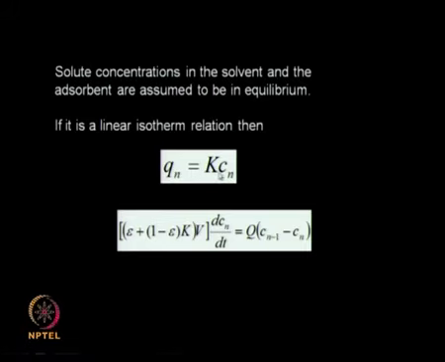So Qn is equal to Kcn, Qn minus 1 is equal to Kcn minus 1, Qn minus 2 is equal to Kcn minus 2, and so on. Another main assumption is that K is independent of the concentration, that means we assume the same K irrespective of the concentrations of the solute in the stationary or the mobile phase.